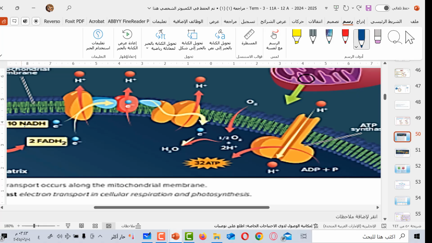Be careful about NADH and FADH2, because the H gives us proton and electron when it is oxidized, and gives us NAD plus and FAD plus.